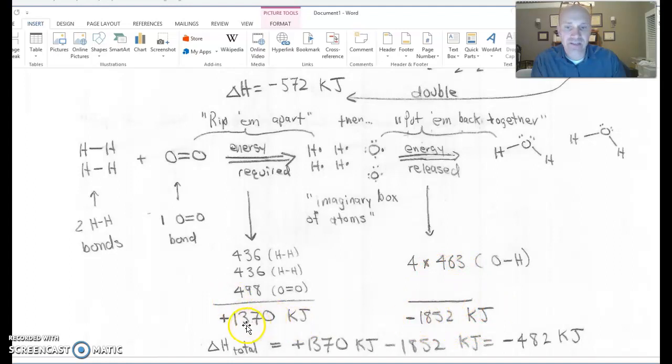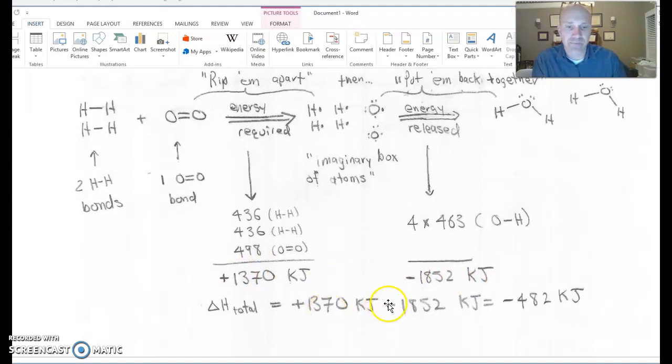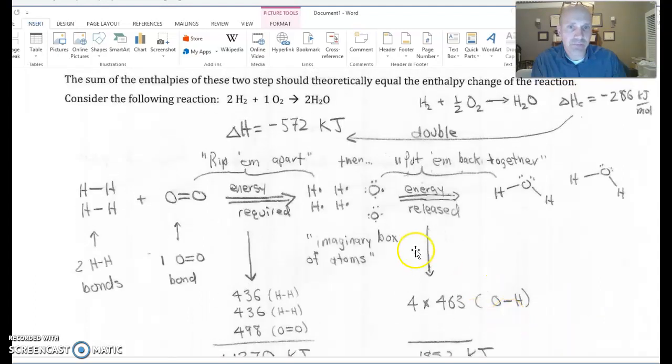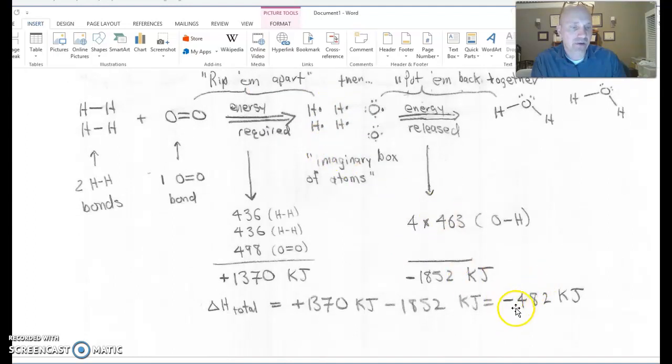If it takes this much energy to rip them apart, but you give off this much energy when they reform, what's the total enthalpy of the reaction? It's just going to be the sum of these 2, so we could calculate that would be minus 482 kilojoules.